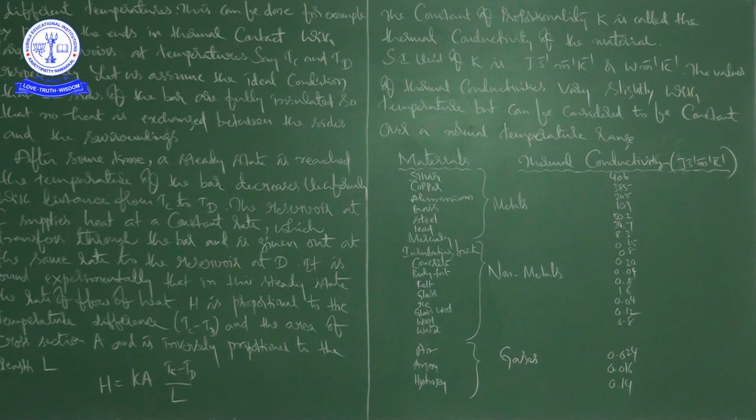What is the role of this coating? Whatever heat is incident on the roof is reflected back into the atmosphere, so that the inside of the concrete building stays cool. That is an example from daily life.